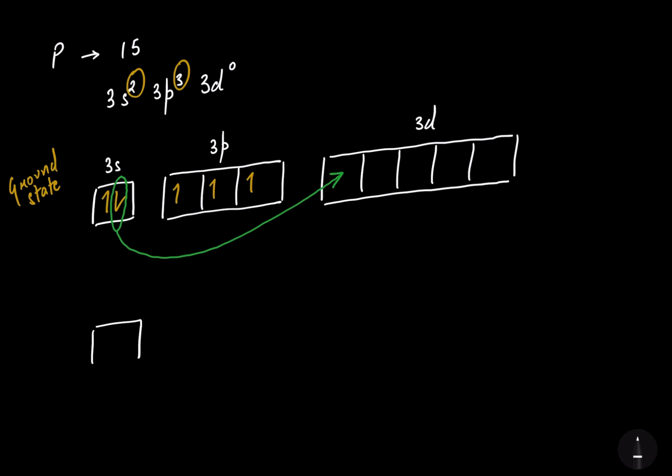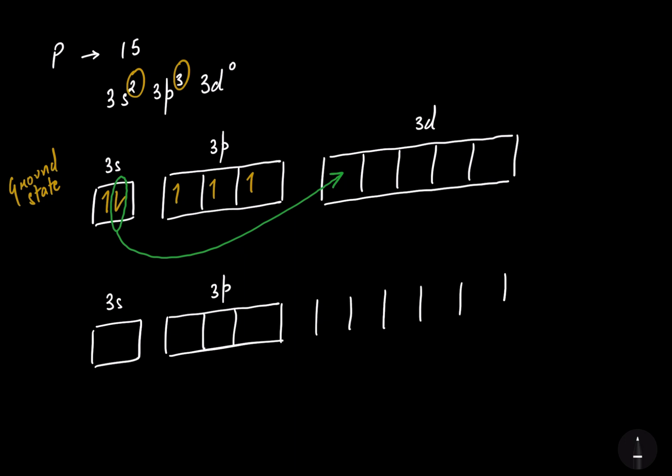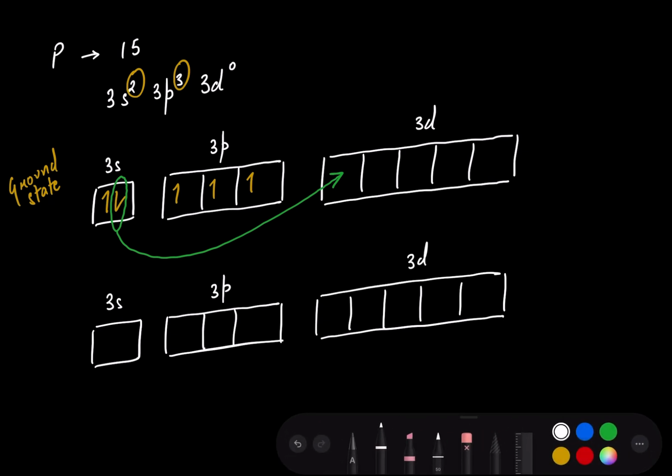First of all, that's our 3s. That's our 3p. And that's our 3d. Now, here one of the electrons has been excited from 3s to the 3d.